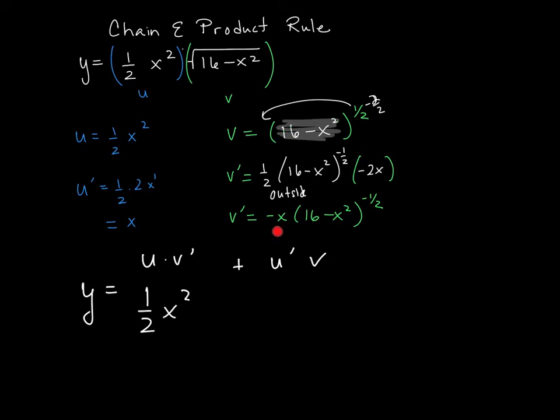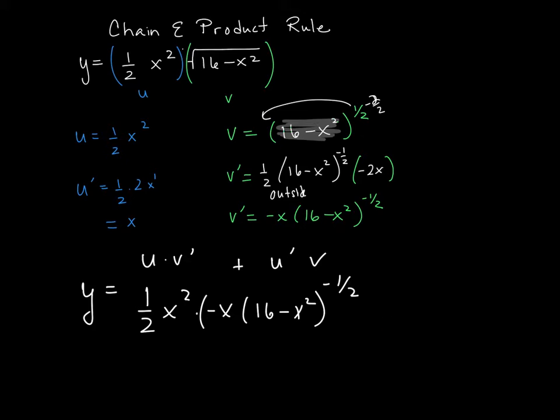V prime is negative x times 16 minus x squared raised to the negative 1/2.